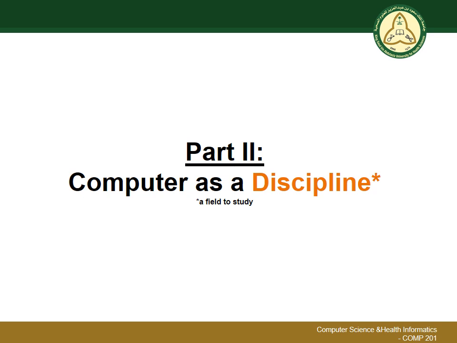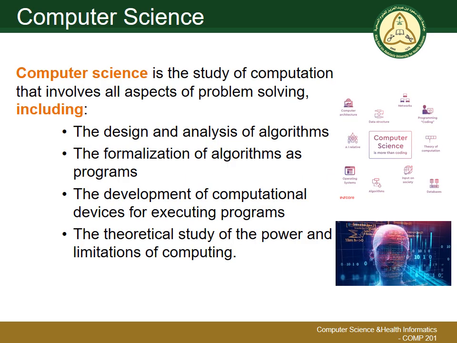From this slide till the last slide of this lecture, we will talk about computer as a discipline. Why we have computer as a discipline, and we will give you a lot of descriptions about important things when we talk about computer science as a discipline.